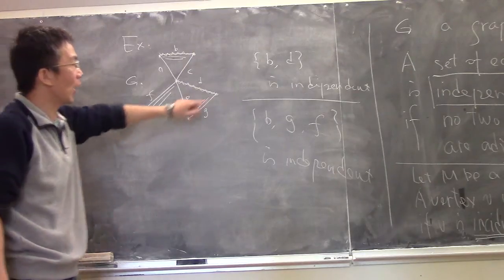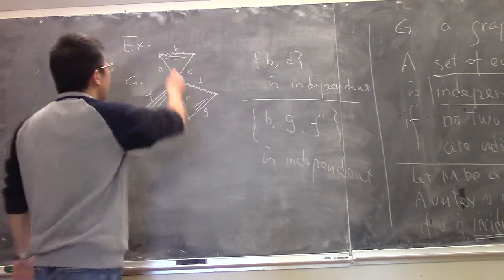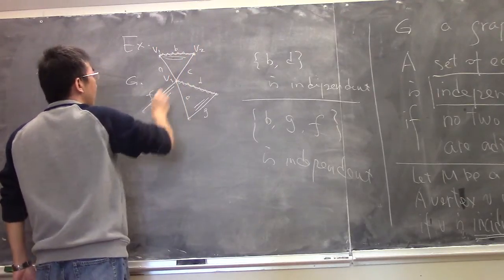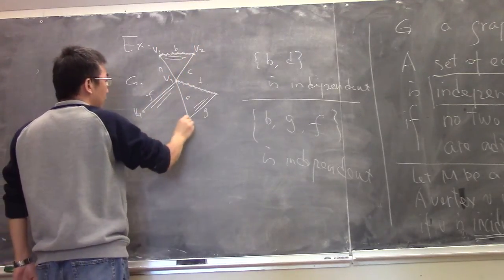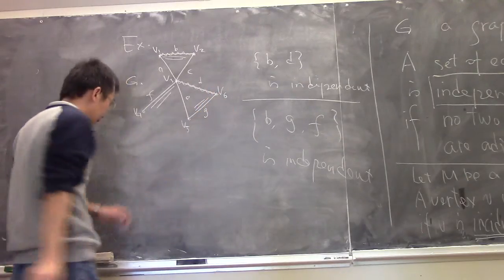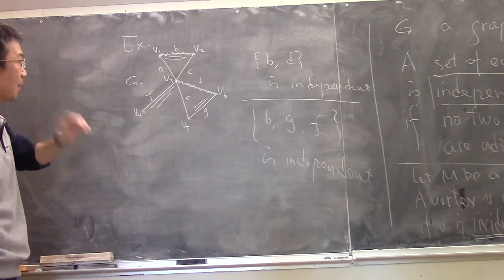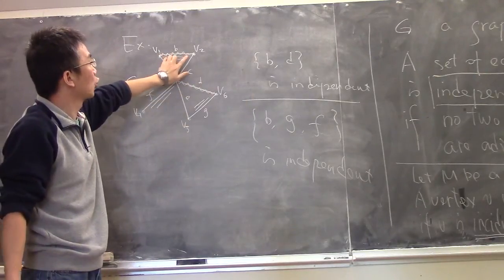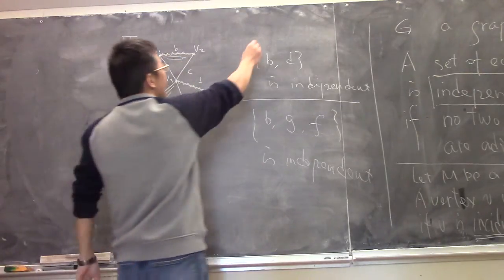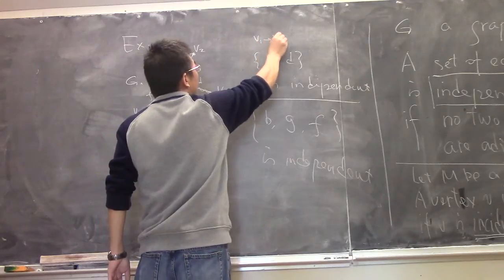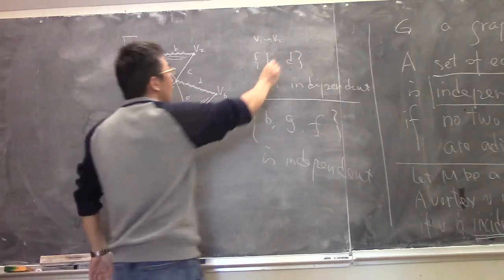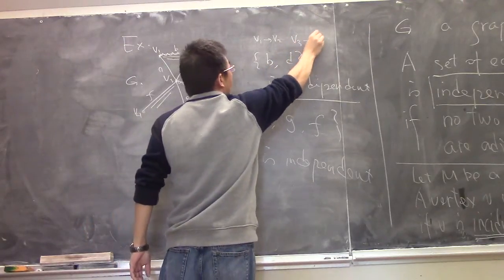But as long as you have one independent set, for example, this is V1, V2, V3, V4, V5, V6. These are the vertices, right? And suppose I give you one independent set, because B joins V1, V2, I say V1 is matched to V2. D joins V3, V6, so V3 is matched to V6.